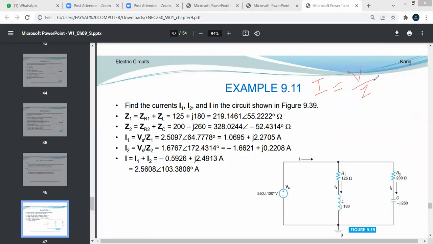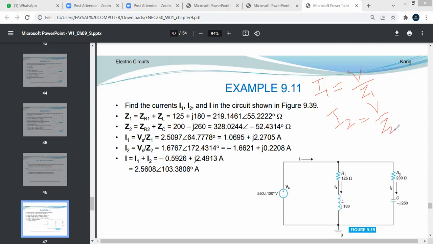First we have to find the values Z1 and Z2, because for current I1, it is V over Z1, and for current I2, it will be V over Z2.